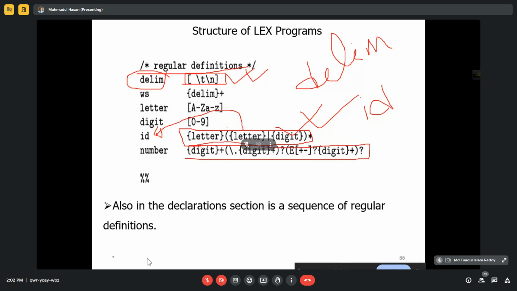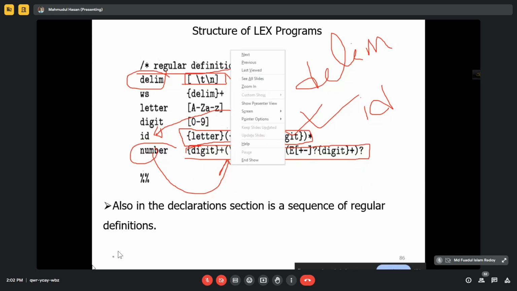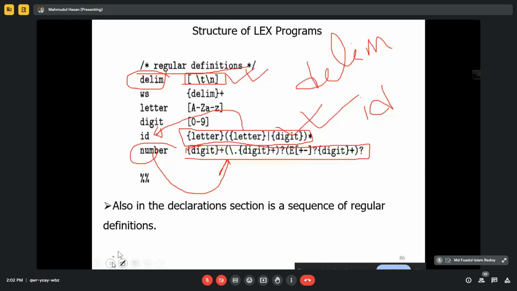But if you just use number without defining it, it is wrong. At first you need to indicate that this number indicates this regular expression. That is our regular definition or declaration. Got it? Just a minute.